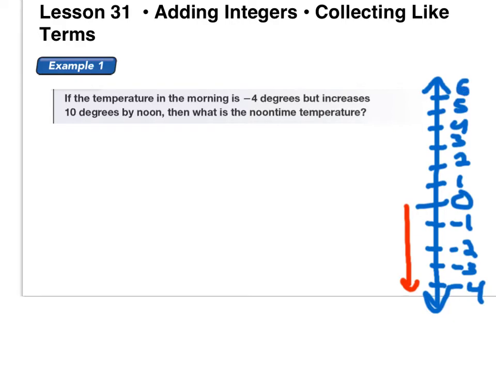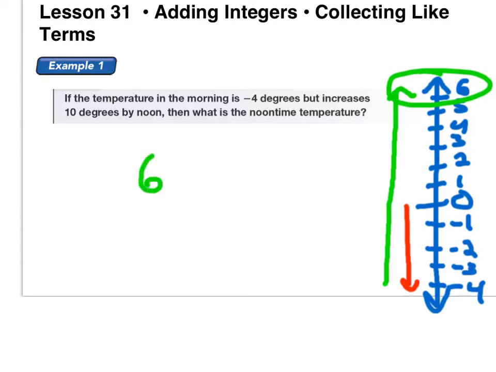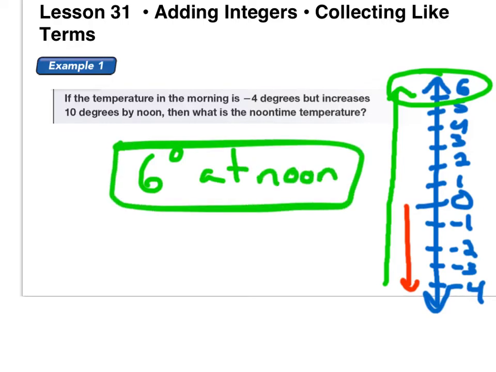Okay, and if I go up 10 spaces, if I start here at -4 and I go up 1, 2, 3, 4, 5, 6, 7, 8, 9, 10, I end up right here at +6 degrees. Okay, so the noontime temperature is 6 degrees. It's a chilly day. 6 degrees at noon. Must be the middle of January, February or something.